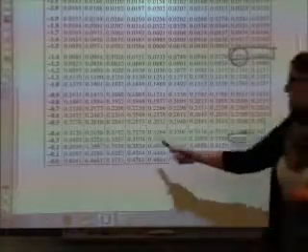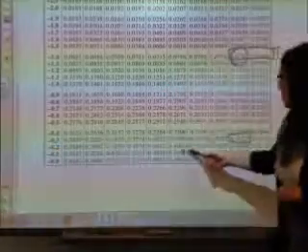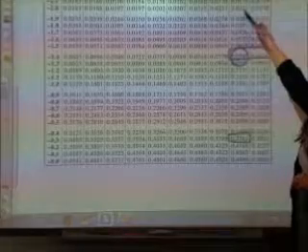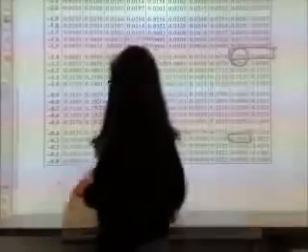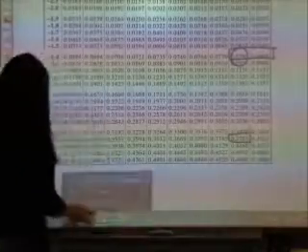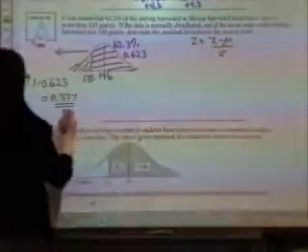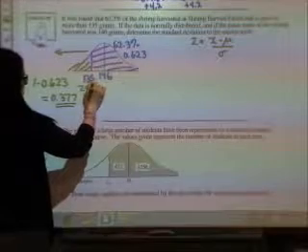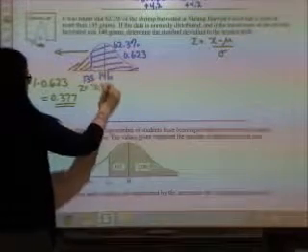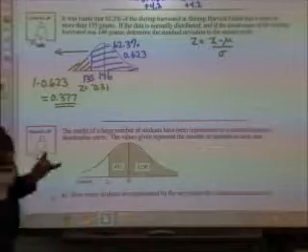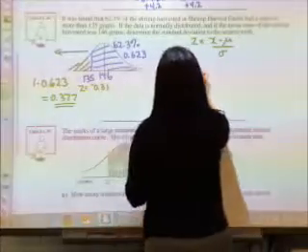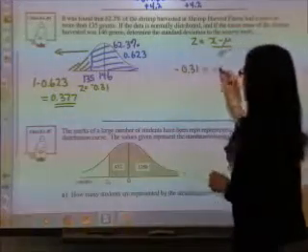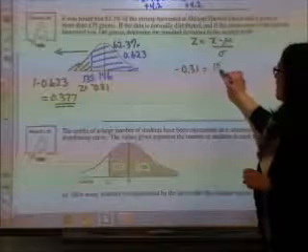So this is negative 0.31. So my Z-score would be negative 0.31. Now that I have a Z-score, I can plug into my formula.